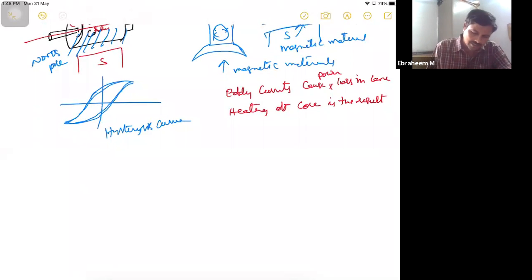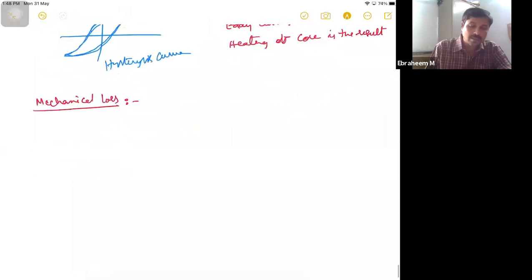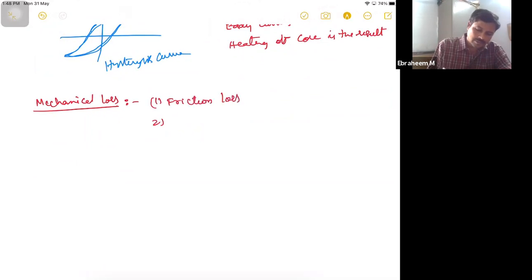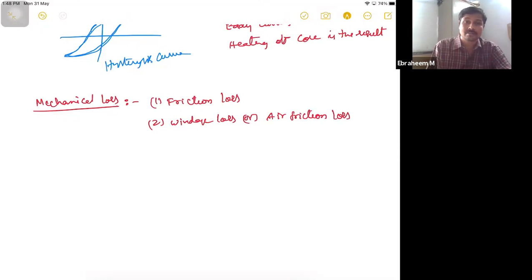Next, mechanical loss. In the mechanical loss, you will have friction loss and windage loss. First one is friction loss, second one is windage loss or air friction loss.